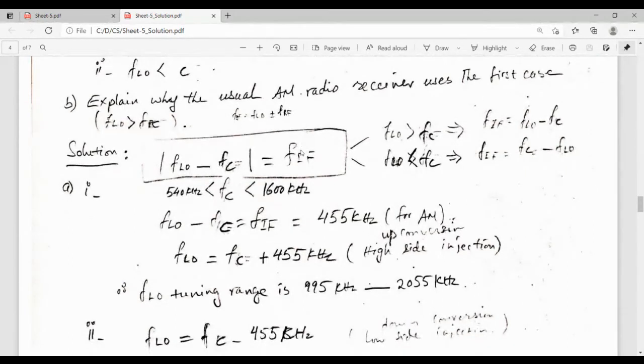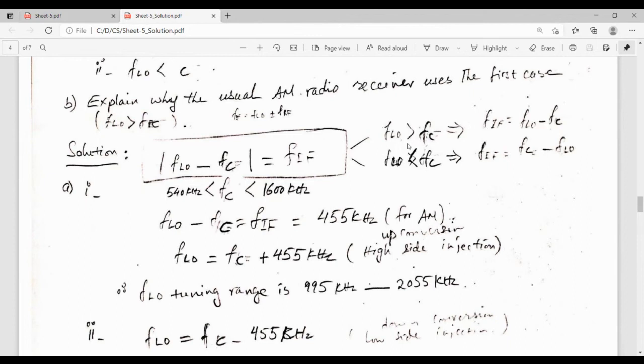Okay, there are two cases now. We have the formula here: FLO minus FC equals FIF, the intermediate frequency. We have two conditions: FLO greater than FC, and FLO less than FC. When FLO is greater than FC, then FIF equals FLO minus FC. Here it is the modulus.